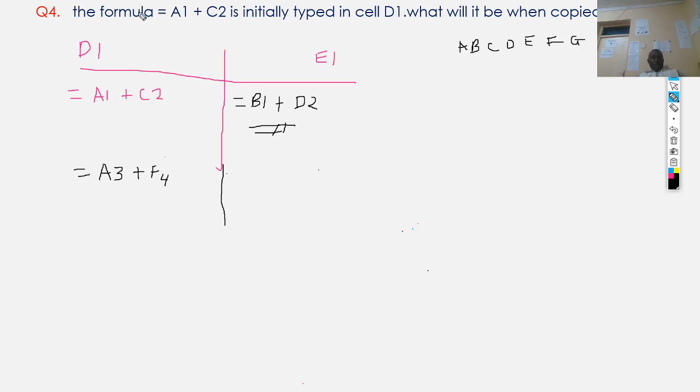This same formula was in cell D1. How would the formula be in cell E1?